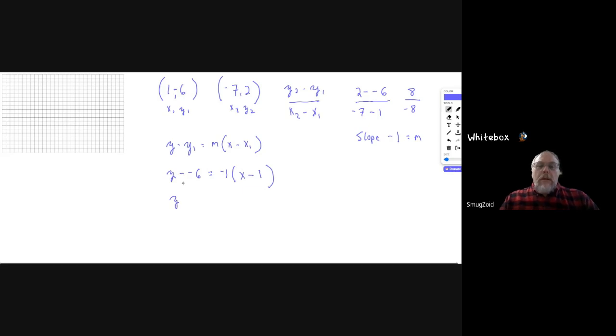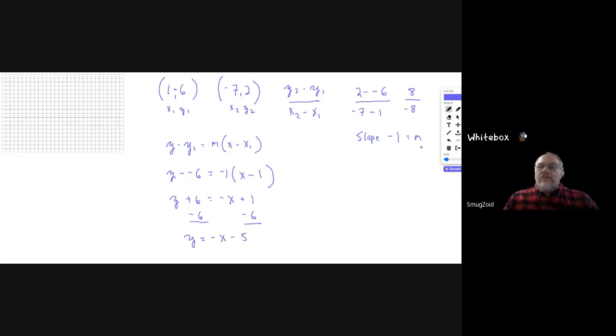Y minus negative 6 makes that plus 6 equals minus x. Negative times a negative makes that a plus 1. Subtract 6. Subtract 6. All right, we've done enough of this to know how this works. You end up with y equals minus x minus 5.